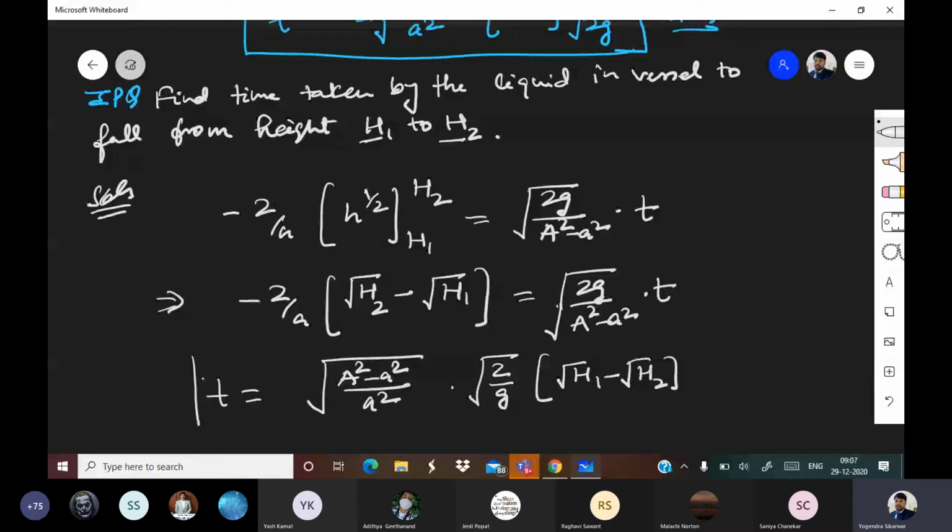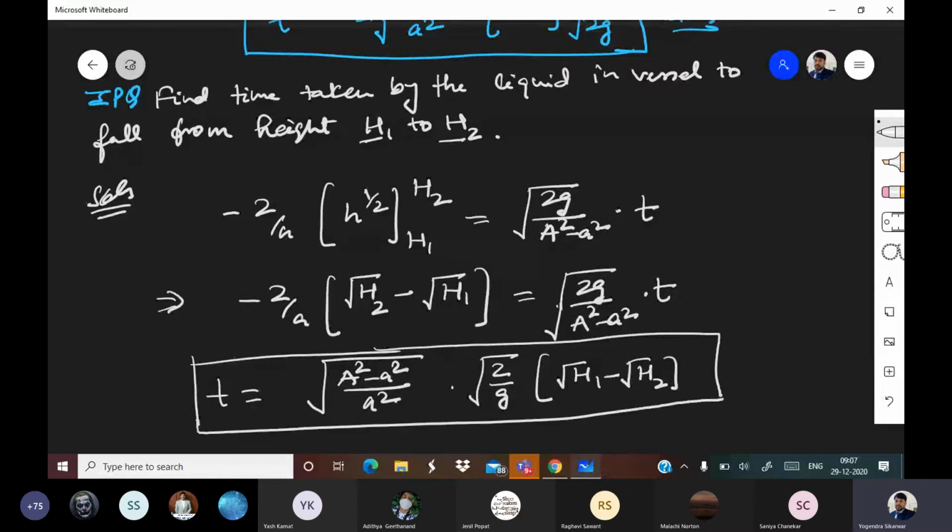I think this is the answer. So root of 2 times root of this a square minus a square upon root of h1 minus root of h2.